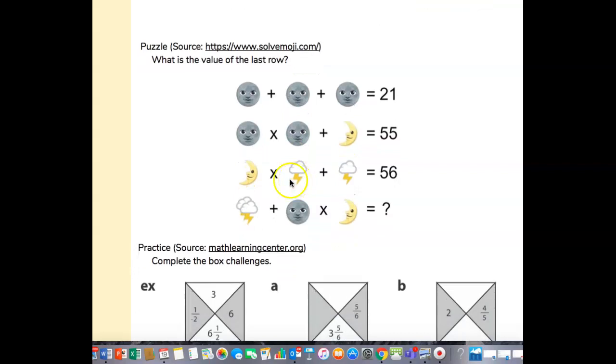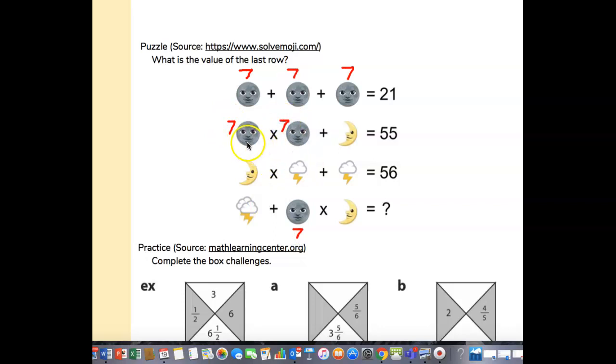These are kind of fun, really, but if you want to think about 3 times what equals 21, I think you know that is 7, so we know that these are 7. 7 plus 7 is 14. 14 plus 7 is 21. So now that we've got that, we can put that in here, and here, and here.